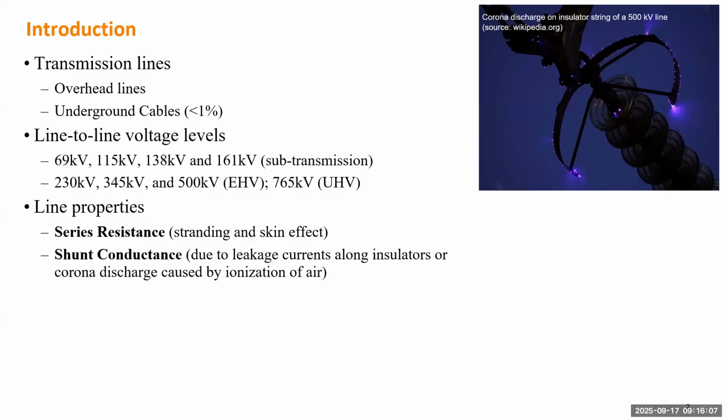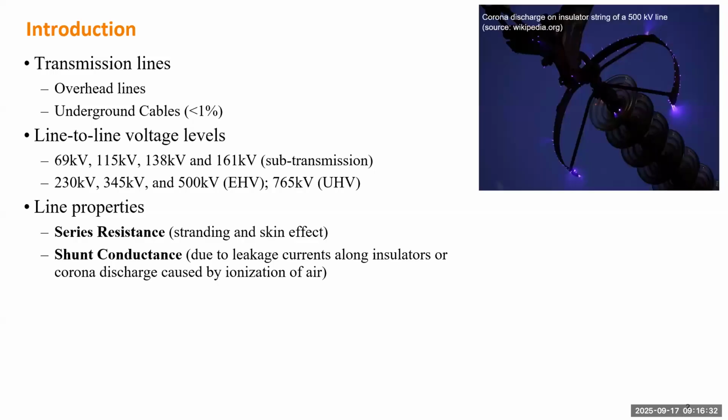That is a picture taken on a very high voltage insulator. You see those lights that indicate it's actually losing energy because part of the air surrounding the insulator is conducting current. So actually you are losing some electricity when you operate this high voltage line.